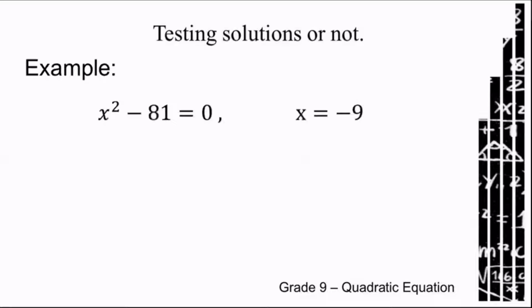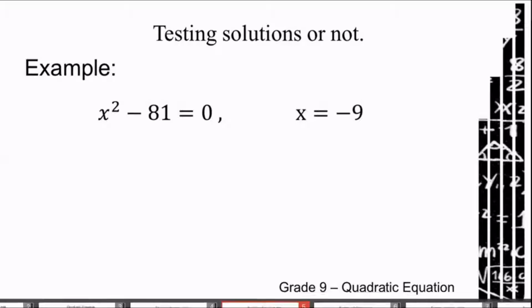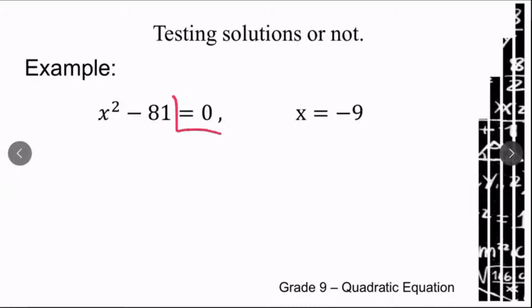Such as in our first example, we have x² − 81 = 0. We need to substitute the value of x, which is −9, into our equation and simplify, and it should be equal to 0.